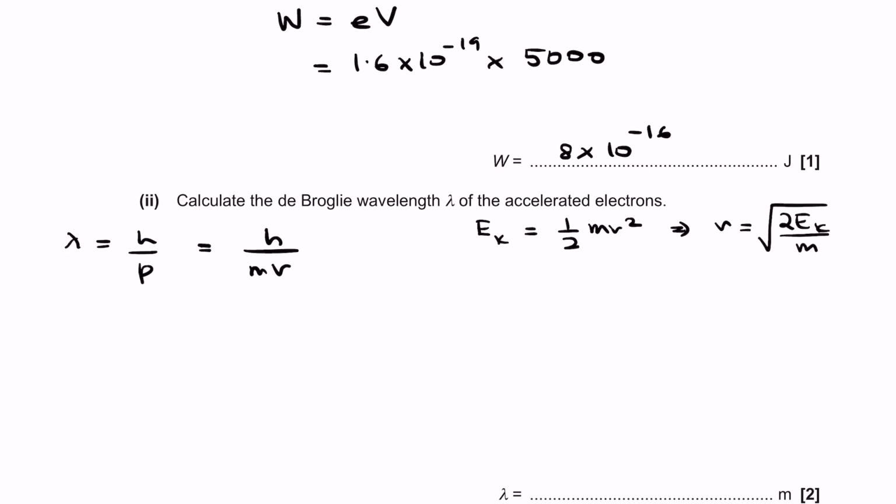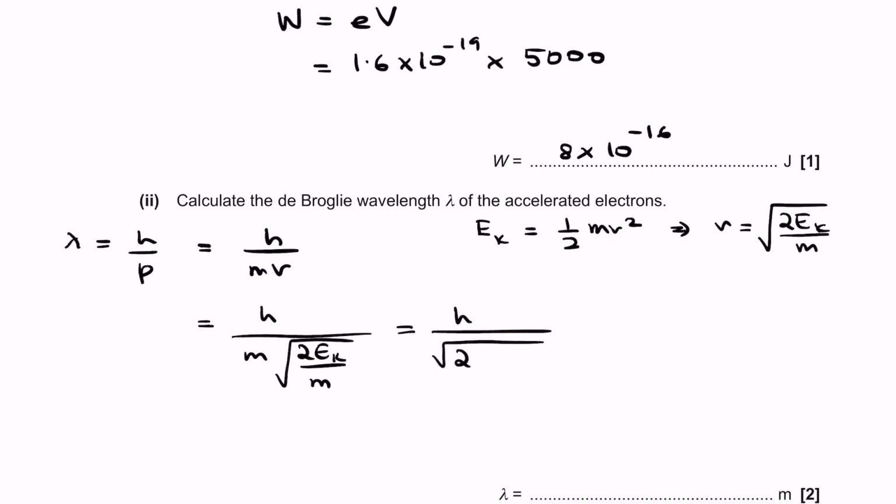I would sub that into my equation here, and if I tidy this up slightly, rationalizing the denominator, I would end up getting h over the square root of 2Ek m, which is very nice. So you can either remember this equation, or you should follow the steps to figure out this formula.